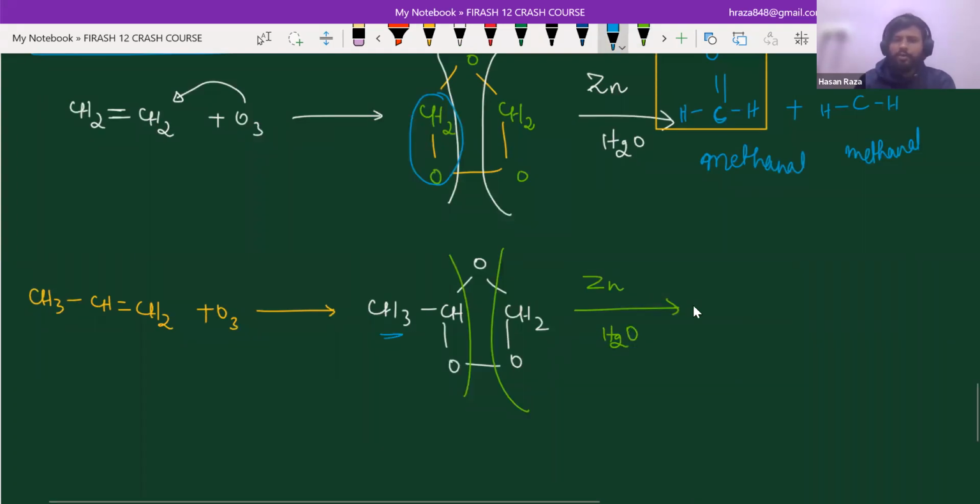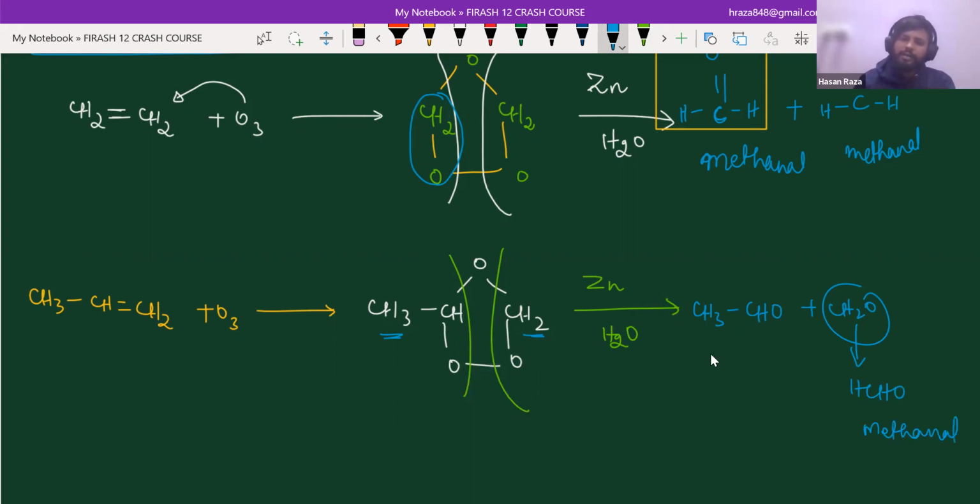What will happen? You can see this is your CH3CHO, which is ethanal, and this CH2O is basically HCHO, which is methanal. Yes or no? It again gives you aldehyde. Depending upon the reactant, you will also get ketone.